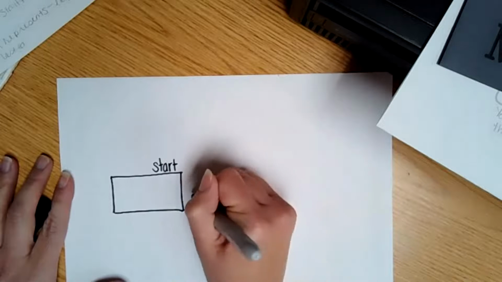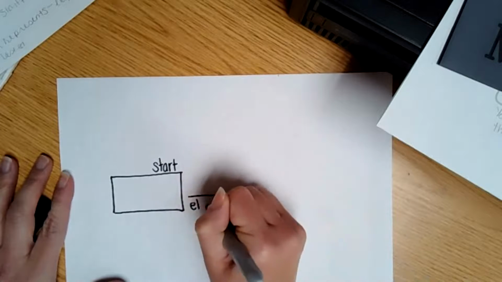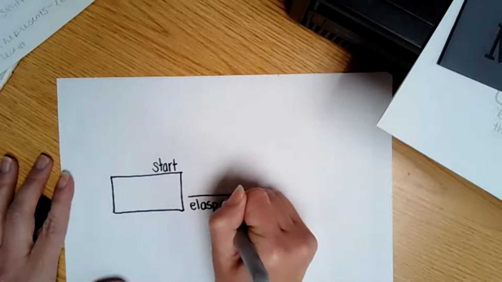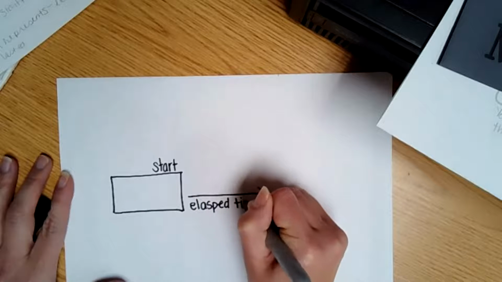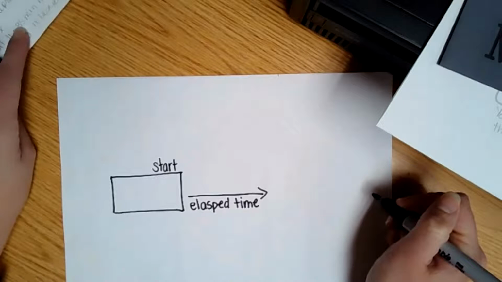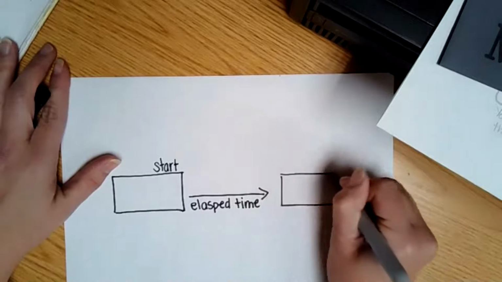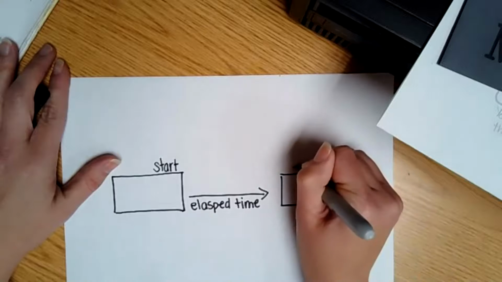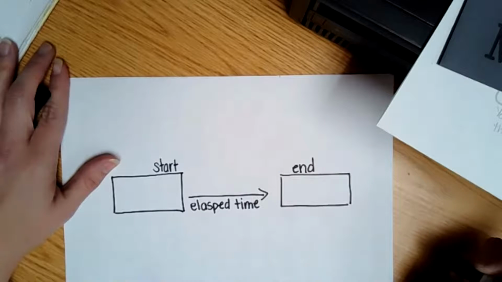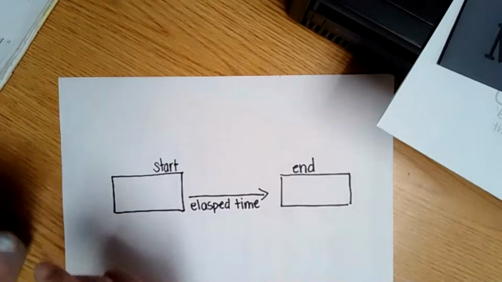And then in the middle is how much time has passed, which we call elapsed time. And then of course, you're going to have your end time.